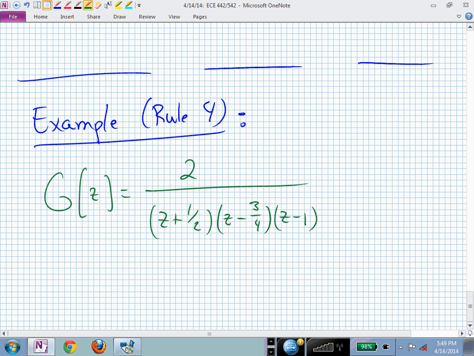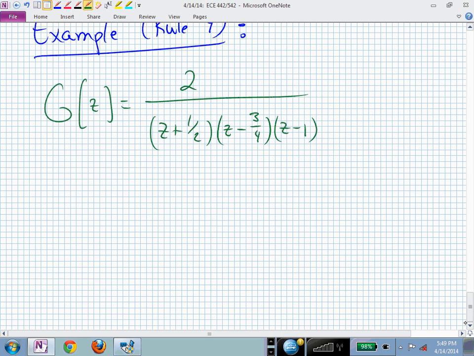But what we want to do now is sketch the root locus for this g of z. And the first thing that you might be doing, obviously, once I say root locus, you're playing the game and you put down your x's and o's. How many o's do you have? And unfortunately, I picked a numerator of 2. That's not a z, that's a 2.